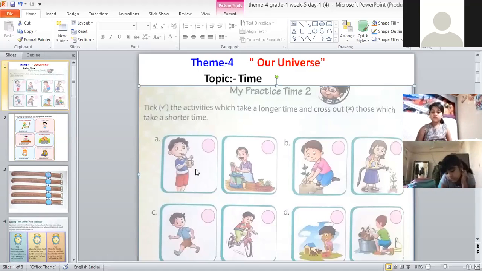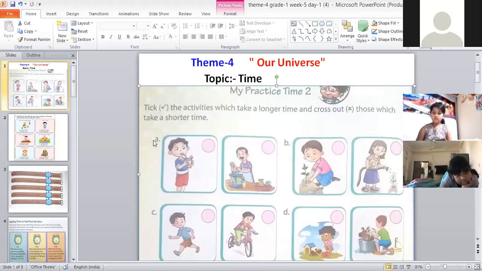And what that man is doing? Cooking. Okay, he is preparing juice. He is making juice. Okay, tell me which will take more time and which will take less time. Drinking juice will take less time. To prepare juice, it will take more time. If you will prepare the juice, it will take more time. And if you are drinking the juice, it will take less time, right?